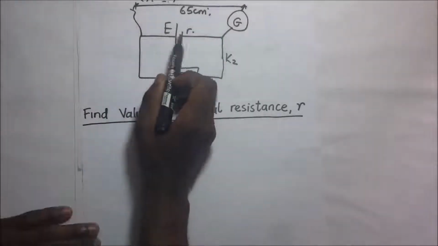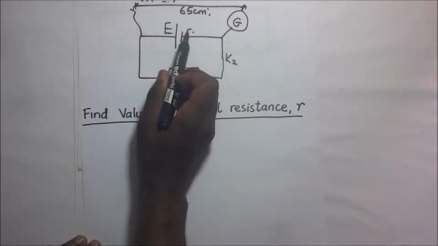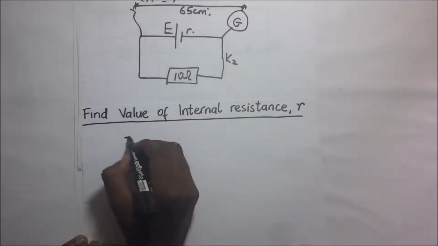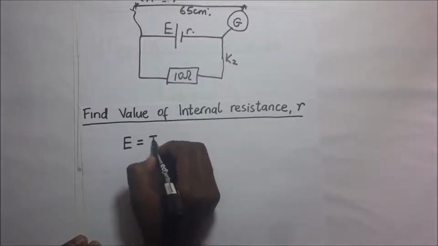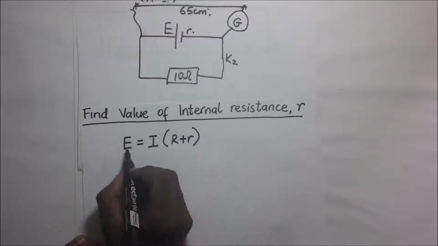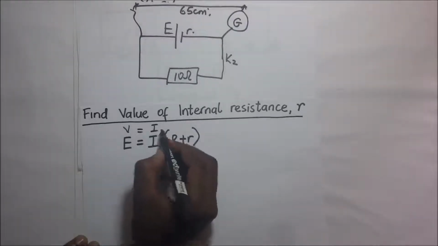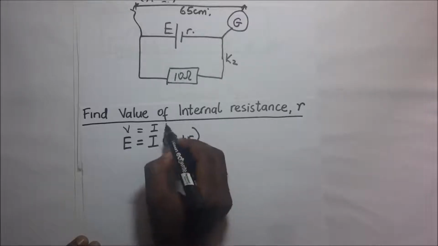Since this is a cell with EMF E whose internal resistance R is not negligible, we shall use E is equal to I into (R plus r). Now we know that V is equal to capital I, which is the current, times R.